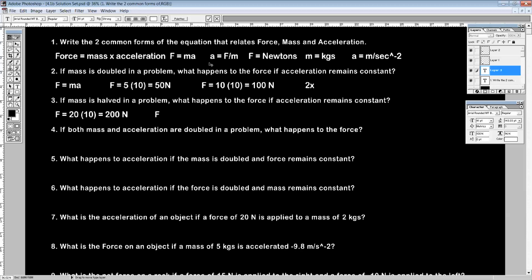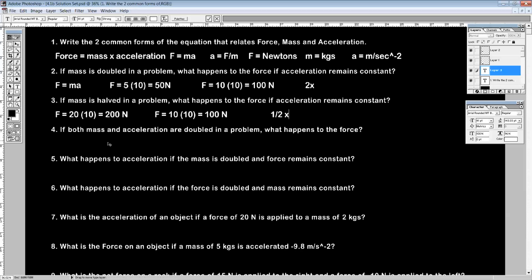So force is now equal to 10 kilograms times 10 meters per second squared. And so we see that by cutting the mass in half, we now have a result of 100 newtons. So if the mass is halved, then the force is halved also.